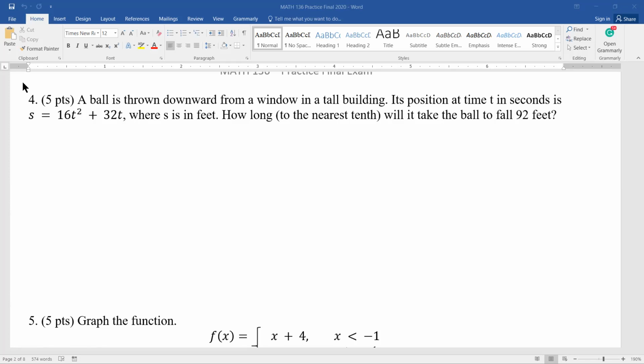So the greatest common factor in this case happens to be 4. So we're going to divide every single term by 4.